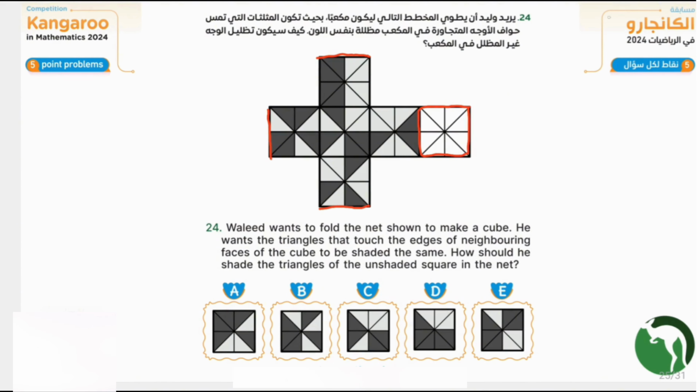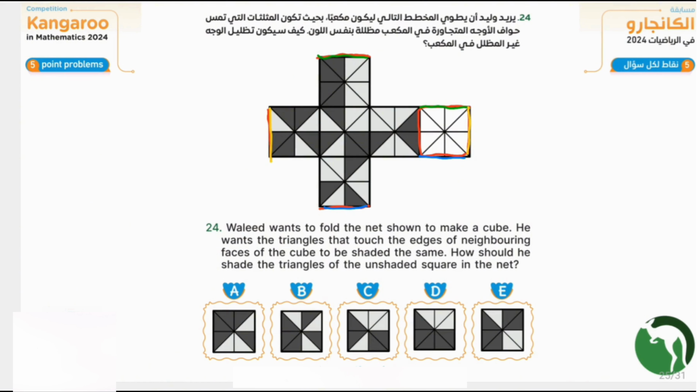So I will color each one differently. So I will use this color for this part, and I will use this color for this one, and I will use this color for this one.